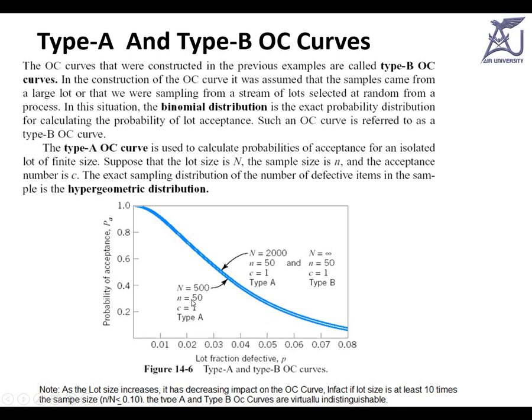But if your n is not 10%, then of course the OC curve will look this way. So type A and B OC curves become virtually indistinguishable when the sample size is less than or equal to 10%. Otherwise these two OC curves can be separated. They can be distinguished very easily if your lot sizes are different.